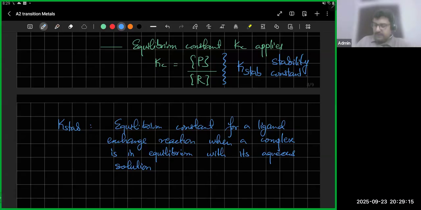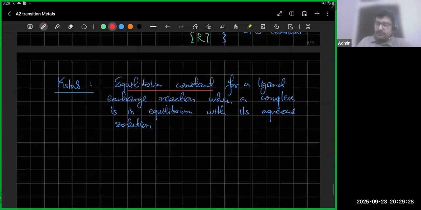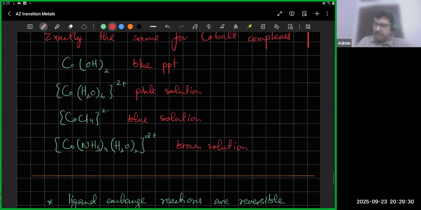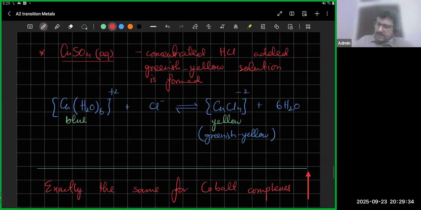So it's the equilibrium constant, right? It's basically your Kc when a particular complex is in equilibrium with its aqueous solution. So water has to be there. So I'm going to pick this reaction, and I'm going to write the expression of Kc for this.